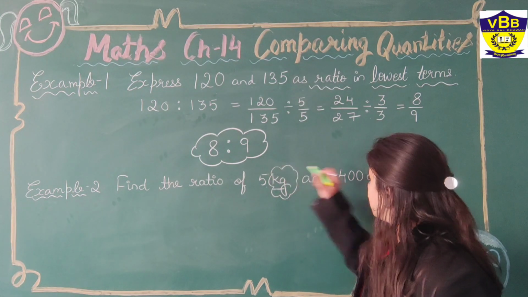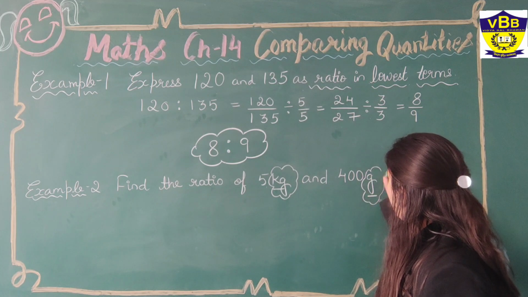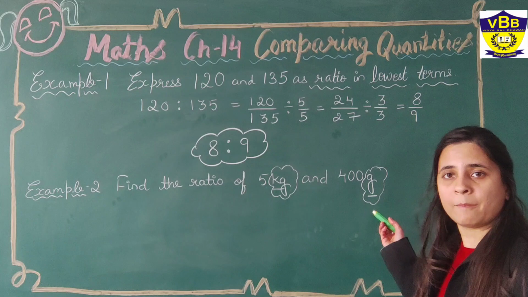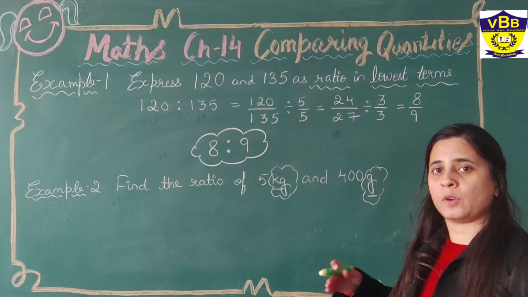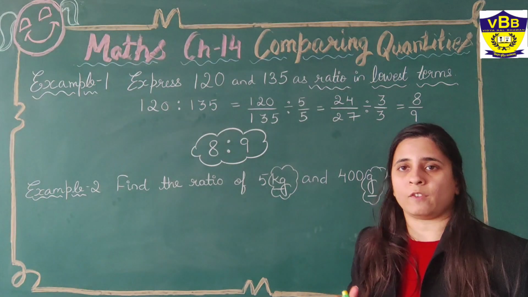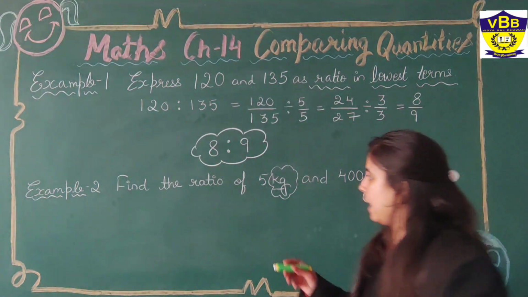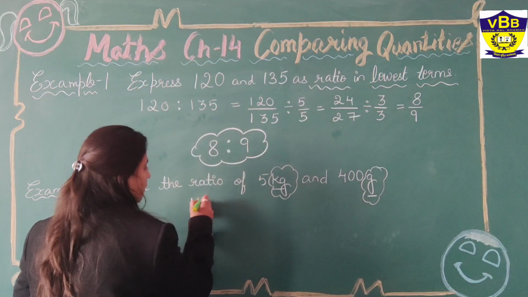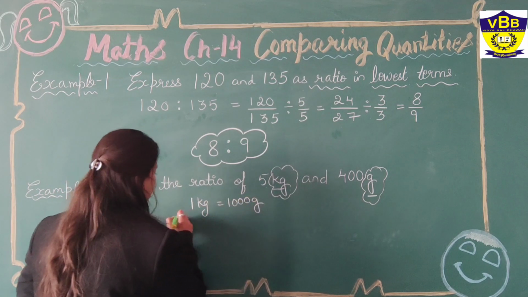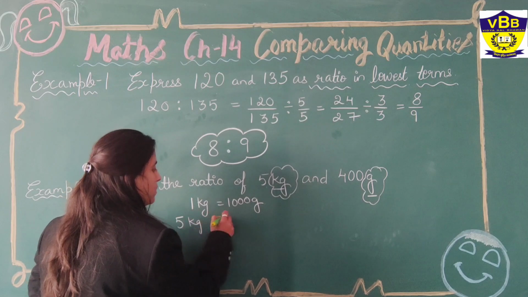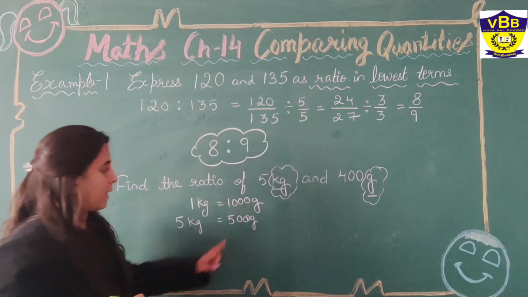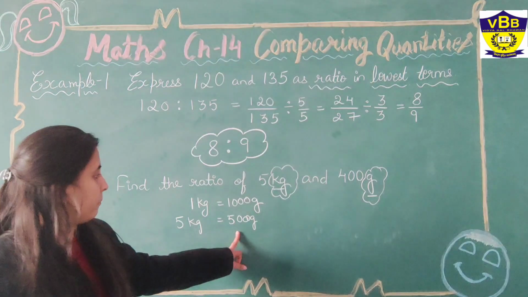So kg and gram need to be in the same unit. We can convert kg to gram, converting the higher unit to the lower unit. When we are converting higher to lower, we multiply, and 1 kg has 1000 gram. So 5 kg will have 5000 gram.